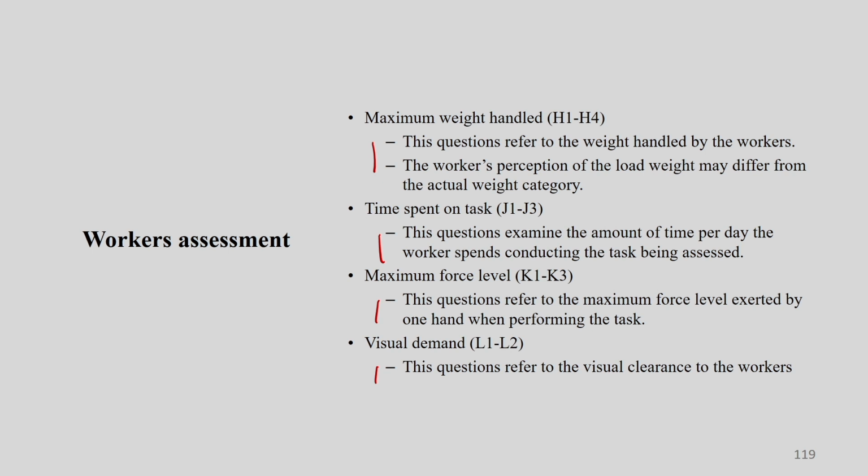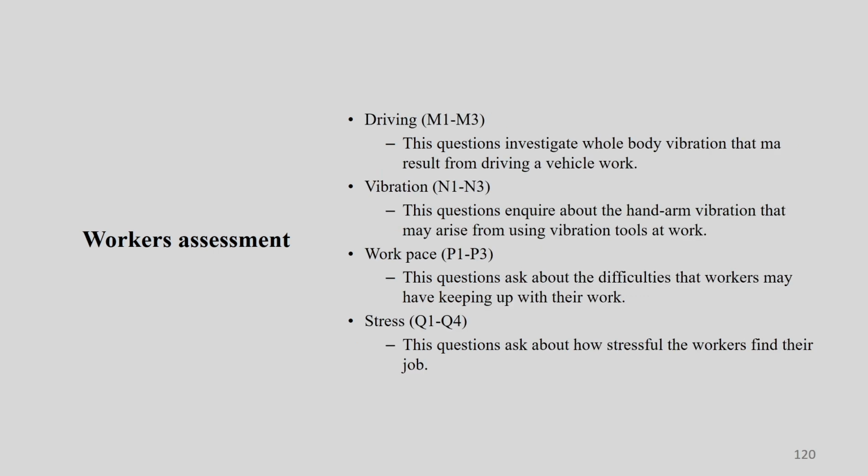Time spent: this question examines the amount of time per day the workers spend conducting the particular task which is going to be assessed. This is how you are going to get answers for the workers' assessment.